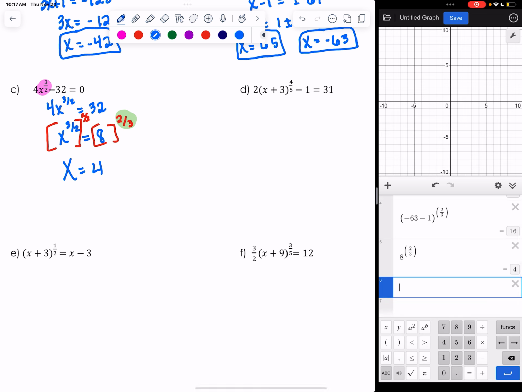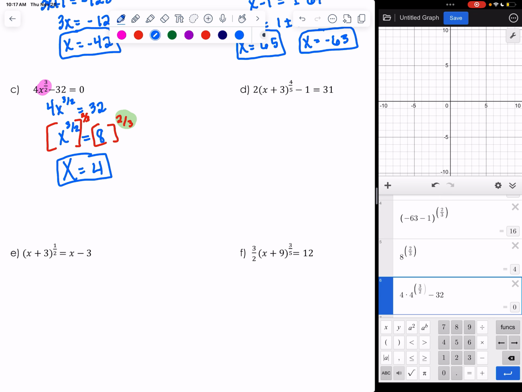So we have 4 times our solution raised to the 3/2 power, minus 32, and I want it to equal 0. And sure enough, it does. So that means we can box this answer in.